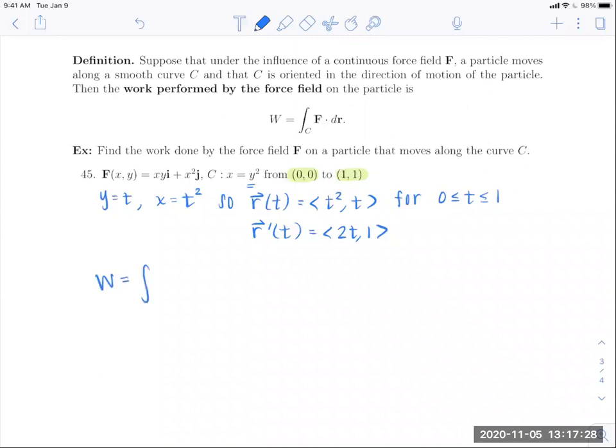All right, so work is the line integral, but we just said that those limits of integration are going to be from 0 to 1. I want to take my function F, which I'm highlighting up above, and then I want to evaluate it at the x and y component functions. So first I have x, which is t squared, times y, which is t.